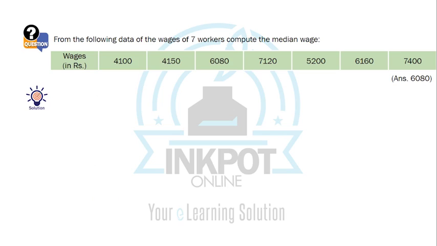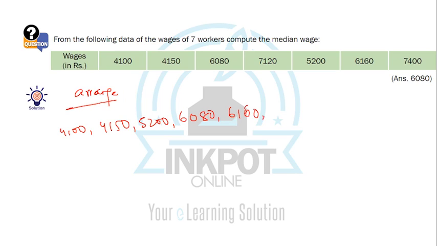If I look at this example, the information is given to you and you have to find the median. It seems to be simple. First of all, arrange the data. So after arrangement, my numbers are 4100, 4150, then we have 5200, then 6080, then 6160, then 7120 and 7400.